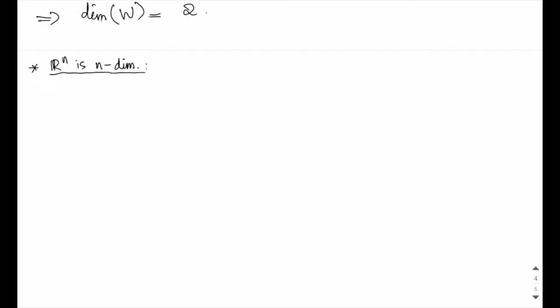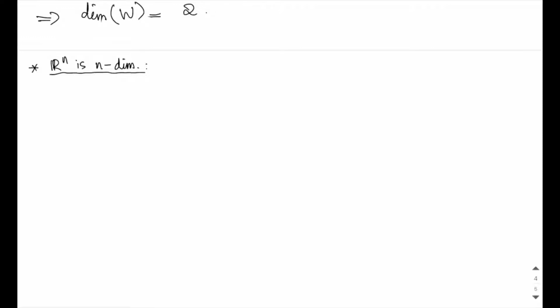That means the number of vectors needed to span Rn is at most n vectors. Then you prove you cannot go below n. That means the least number needed to span Rn is n, and that's gonna give you the dimension. That's the strategy.